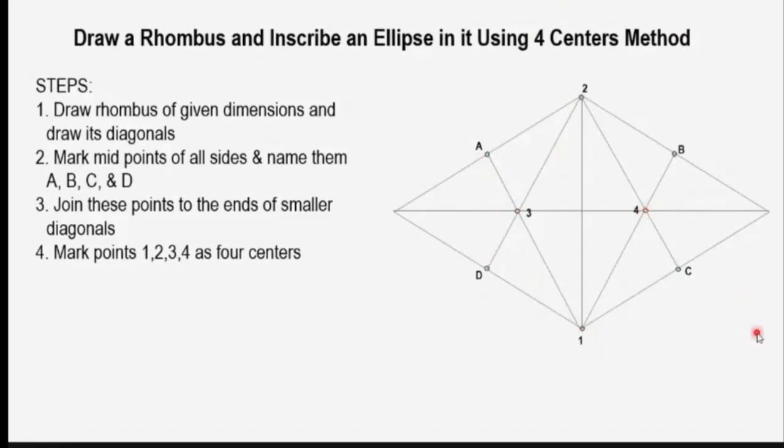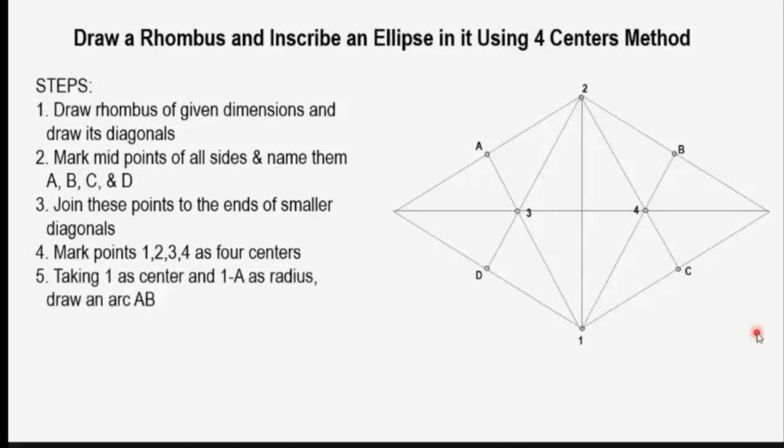So now we have point number 1, 2, 3 and 4 as 4 centers. So in this method we have to first locate the position of 4 centers.